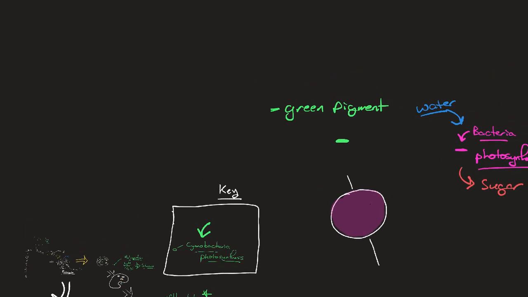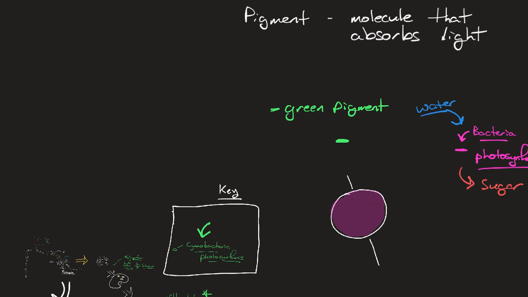So let's go back and define what a pigment is. A pigment is a molecule that absorbs light. Cyanobacteria. That's the big one.